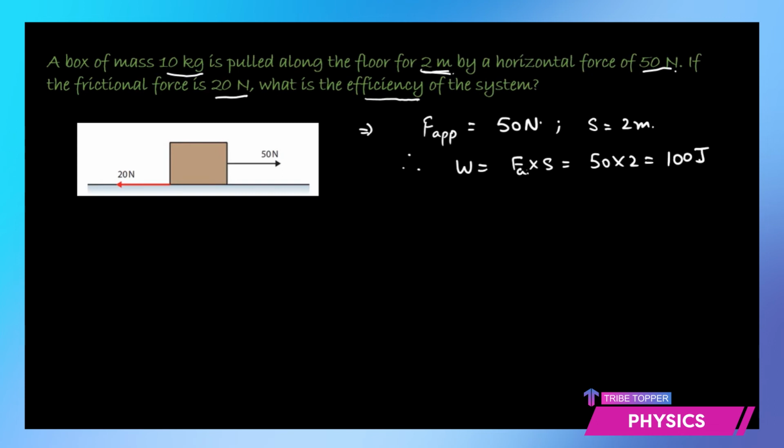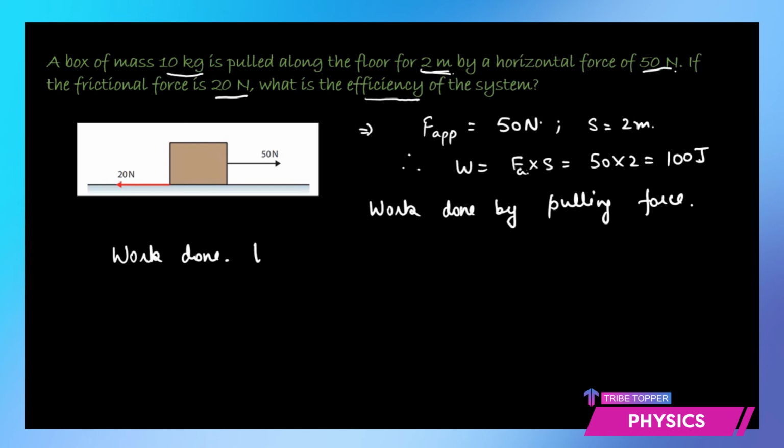Now this is the work done by the pulling force. But do you think that all the work is going to work on the block to pull it? This is the work done by the force. Now, how much work is actually performed on it? Because you can see there is a 20 newton frictional force acting. So what is going to be the work done by the frictional force to resist the motion?